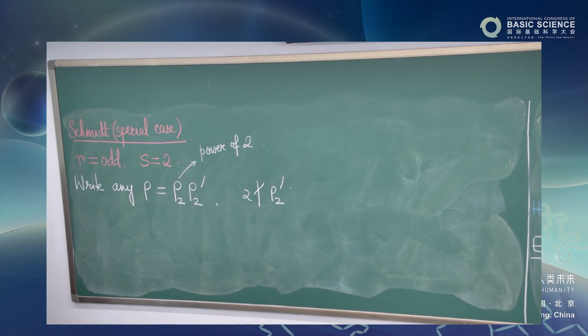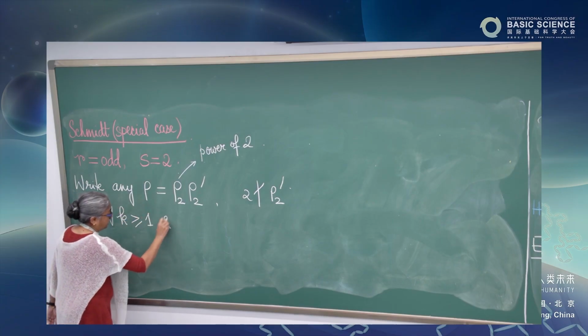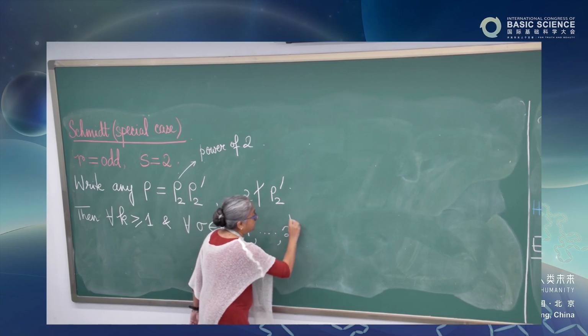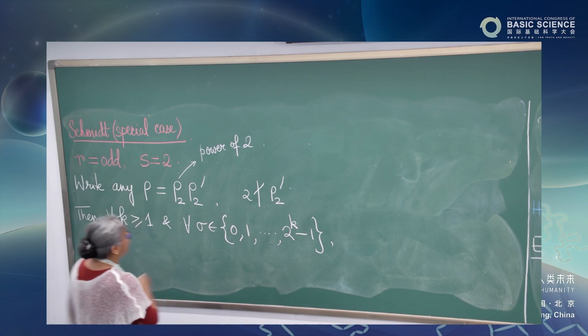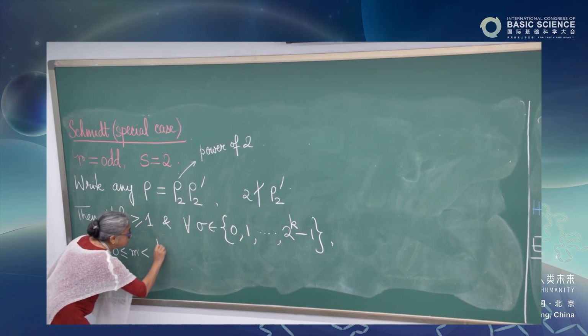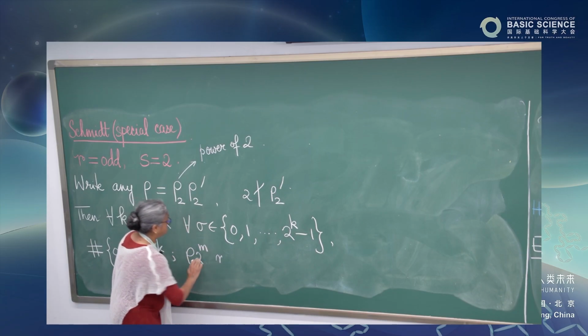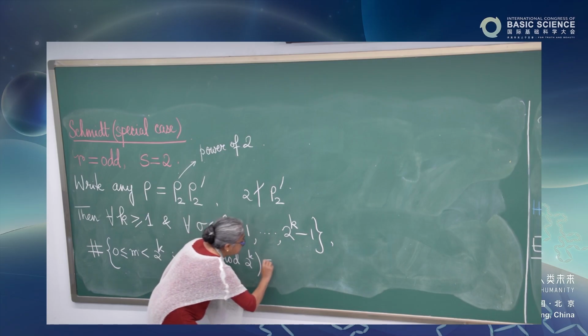Okay, so I want to now write down what Schmidt's result looks like in this context. So then, for every k larger than or equal to 1, and for every sigma, the possible residue class, the number of m's such that rho 2 to the m mod R to the m mod 2 to the k is sigma.